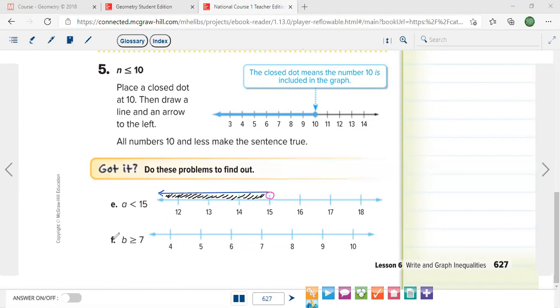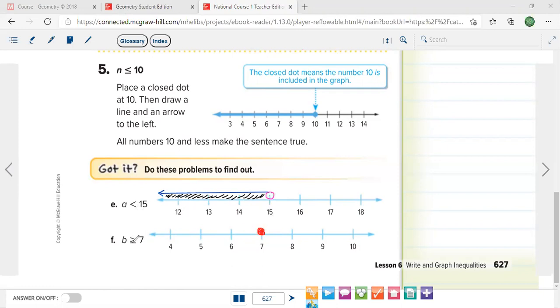Now in problem F, B is bigger than or equal to 7. So we come to 7, and we make a shaded, closed circle because here we have the or equal sign. Here we don't have an or equal sign, so we make it an open circle.